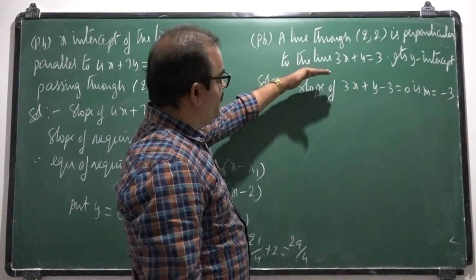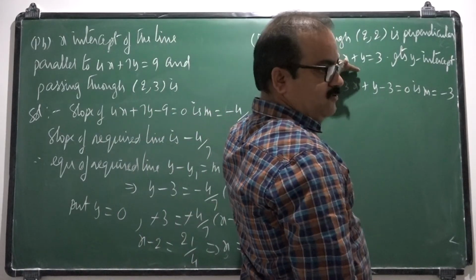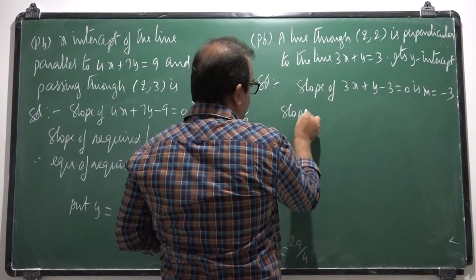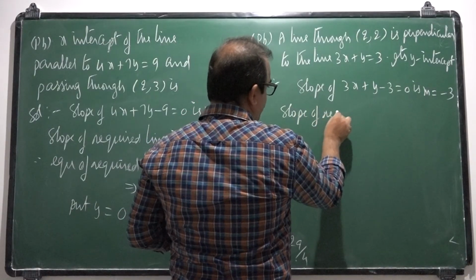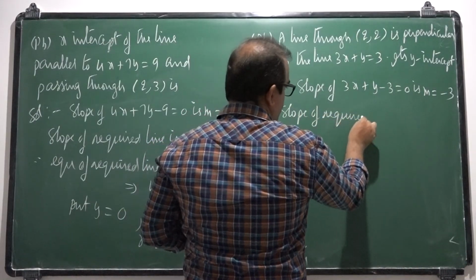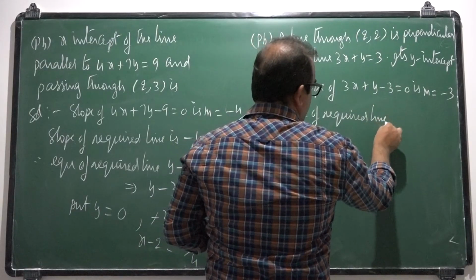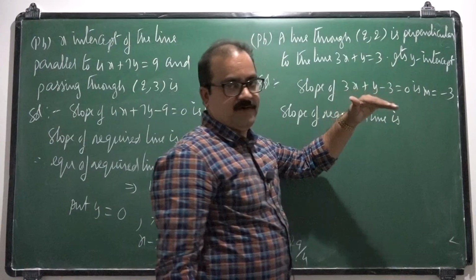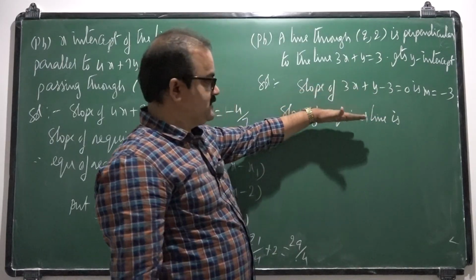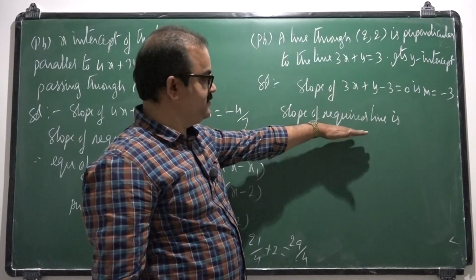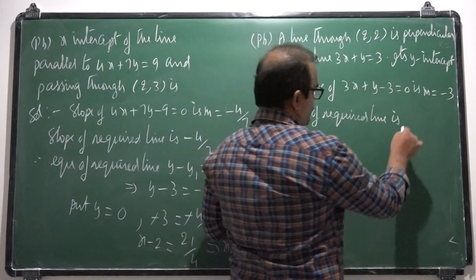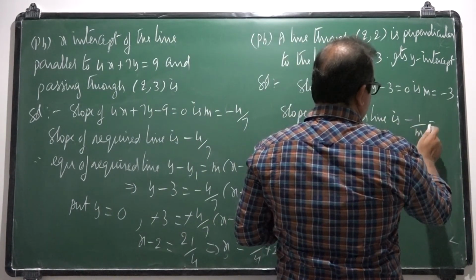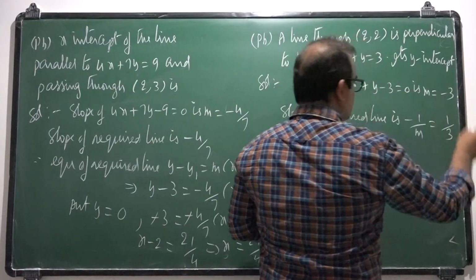But the required line is perpendicular to this line. Therefore, if m is the slope of the given line, then the slope of the perpendicular line is minus 1 by m, that is minus 1 by minus 3, which is 1 by 3.